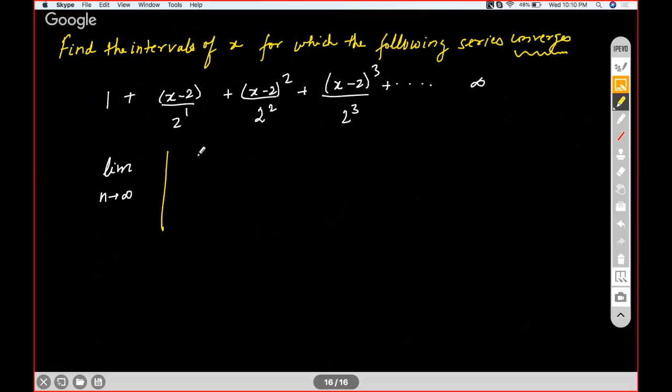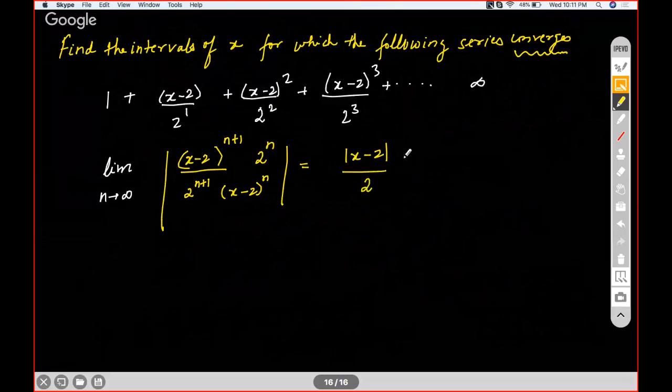See, if you write the ratio of the n plus 1th term, x minus 2 to the power n minus 1 by 2 to the power n minus 2. The n minus 1 doesn't make a lot of difference because cancellation of terms will happen. That would leave you with mod x minus 2 by 2, which should be less than 1.